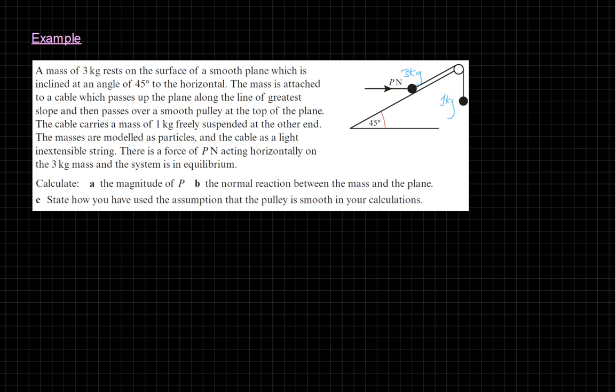Right, so for all of these, you've got parts A, B, C. Find the magnitude of P. Find the normal reaction between this 3 kilogram mass and the plane. But all of that, to be honest, will all come naturally out of doing the one single task, which is to resolve forces horizontally and vertically. In this case, I suppose not quite horizontally and vertically. You want to resolve the forces along this rotated axis that I think we've spoken about before.